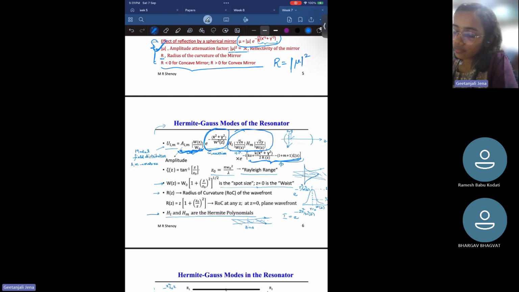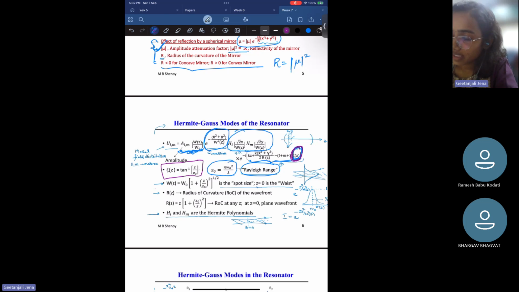So these are some parameters that we have to remember, like the Rayleigh range. So the Rayleigh range Z0 equals pi W0 square by lambda. This defines the Rayleigh range. And zeta of Z is given by tan inverse of Z by Z0.